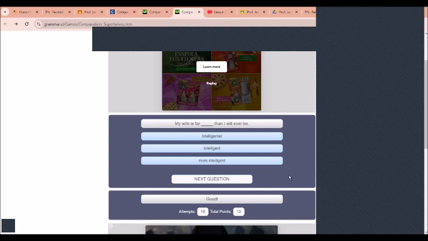My wife is far more intelligent than I will ever be. And you should see her. She's smiling. She believes it's true. Practice with me. My wife is far more intelligent than I will ever be. All right. So more for multiple syllable comparative, or less for comparatives in the inferior grade.